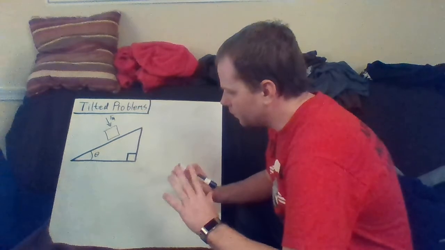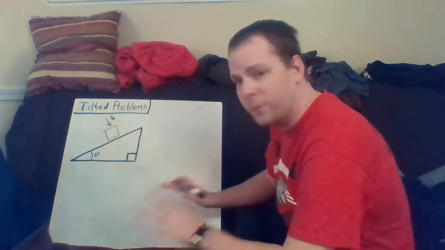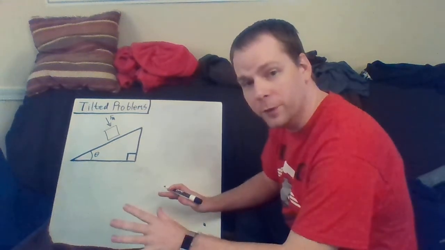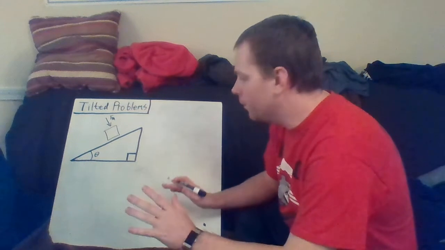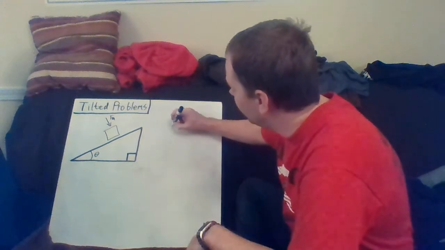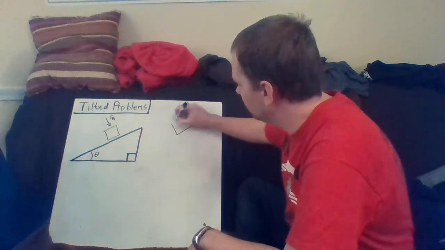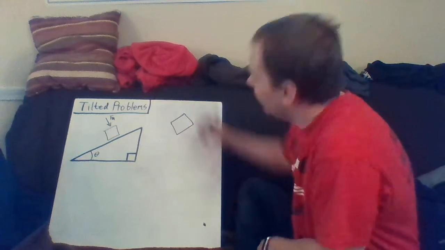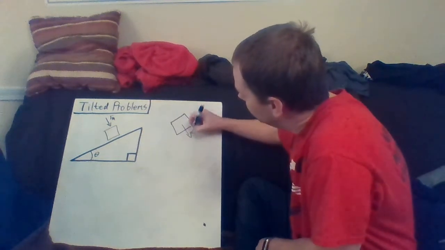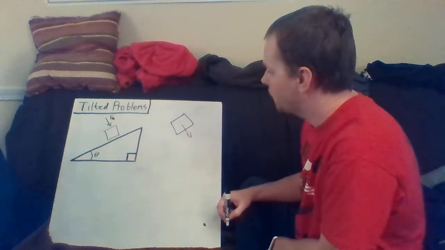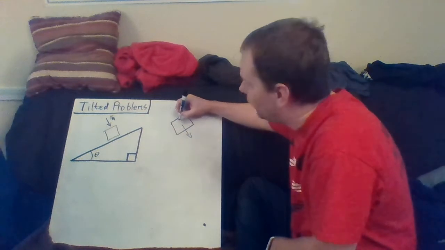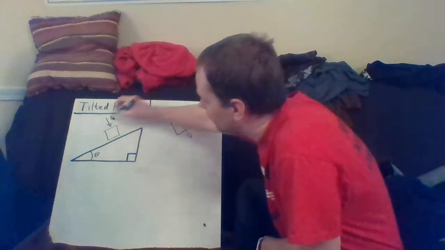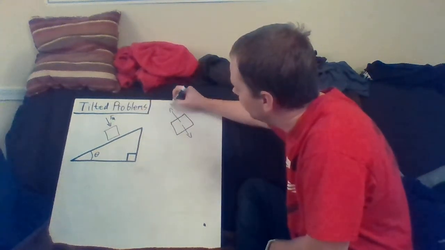First off, we're going to draw a free body diagram, just like we normally would. We have our applied force this way. We're going to have a normal force that is perpendicular to the surface of contact.